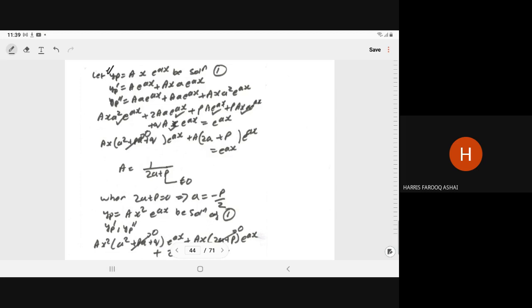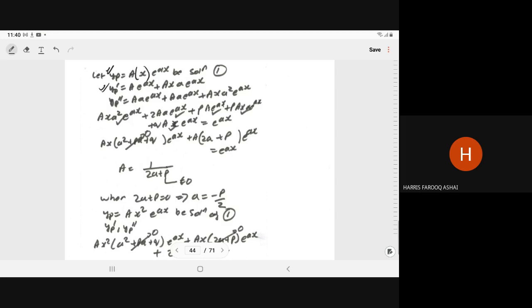Earlier we took A e^(ax); now we multiply an extra x. So yp' = A e^(ax) + A x a e^(ax), and yp'' = A a e^(ax) + A a e^(ax) + A x a^2 e^(ax).